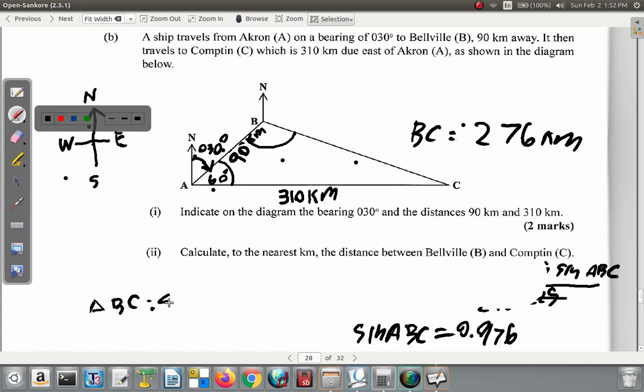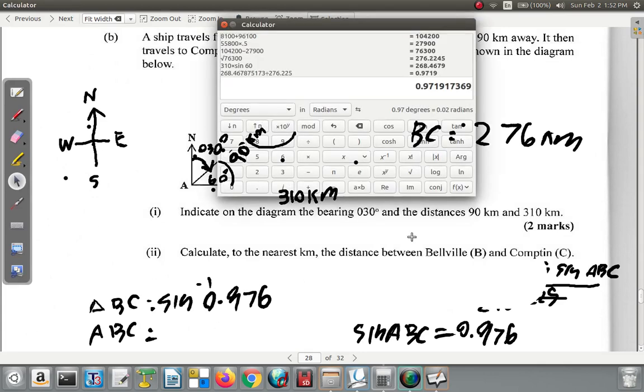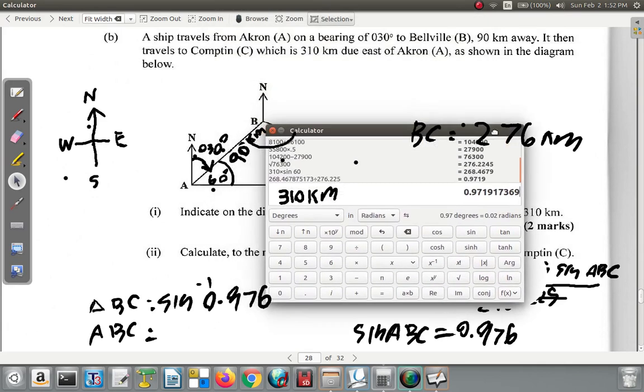ABC is equal to the sine inverse of 0.972. On some calculators you would press the shift or second function before you press sine.